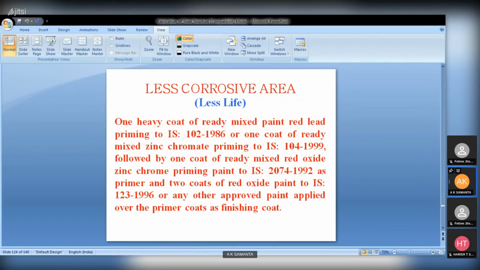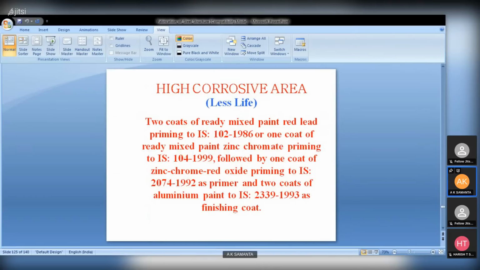And followed by the ready mix paint, there is red oxide painting, or another is aluminium painting. Two types of things are there. Red oxide painting is under IS 123, and for aluminium coating, I think another code is there, IS 2339.